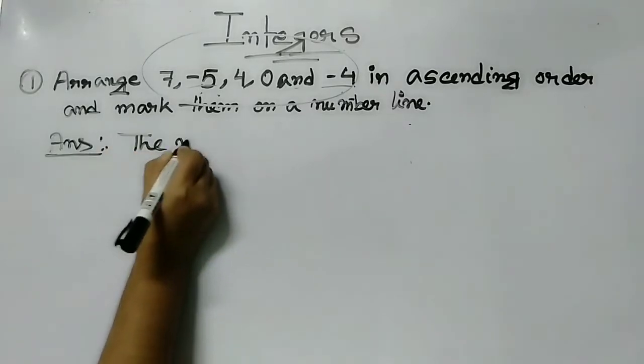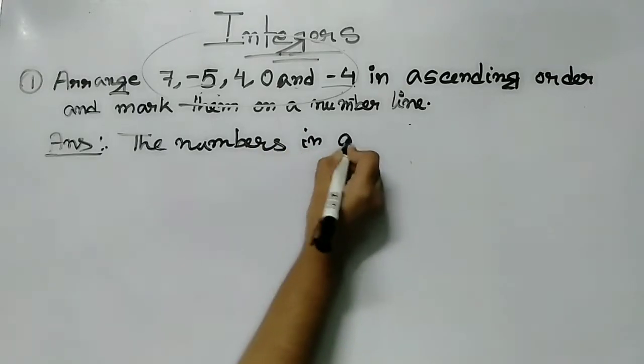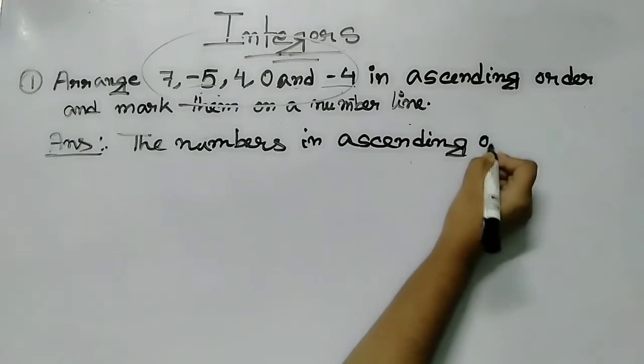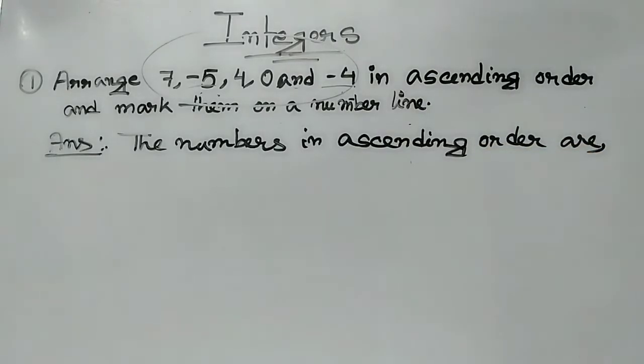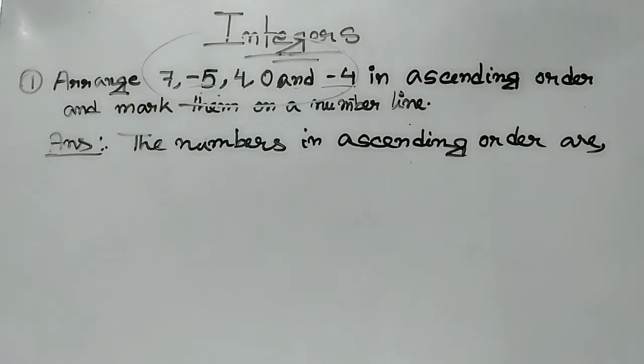The numbers in ascending order are. So, what is the smallest number among them? See, I have already said that negative integers are always smaller than positive integers.